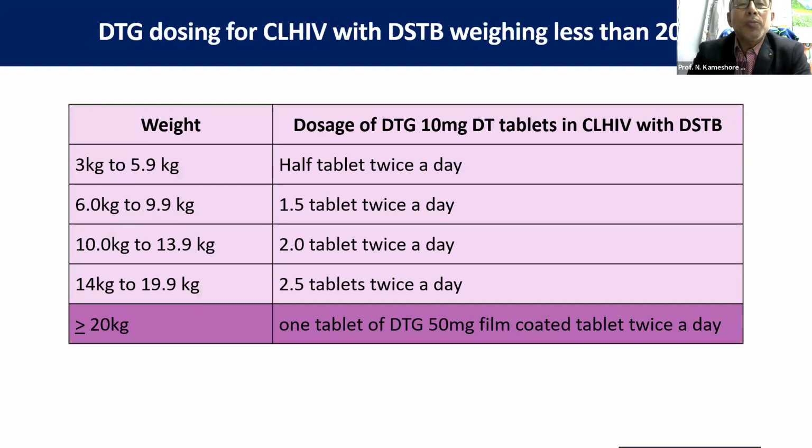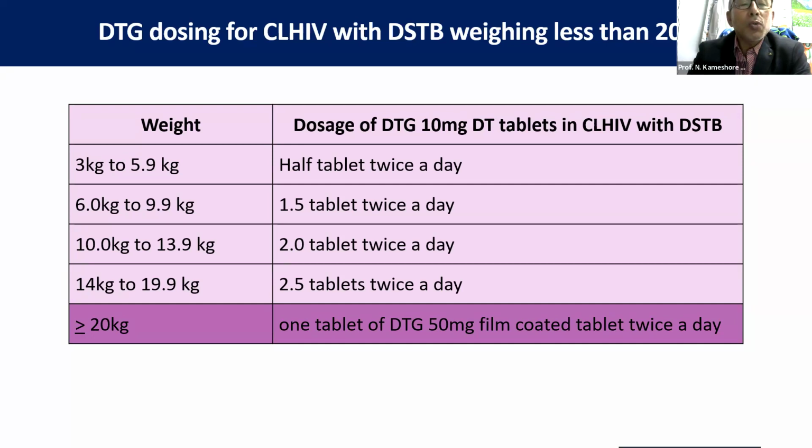So DTG dosing for children living with HIV in drug-sensitive tuberculosis weighing less than 20 kg. Let us see the prescriptions. Between 3 kg and 5.9 kg, we give half tablet twice a day of DTG 10 milligram.